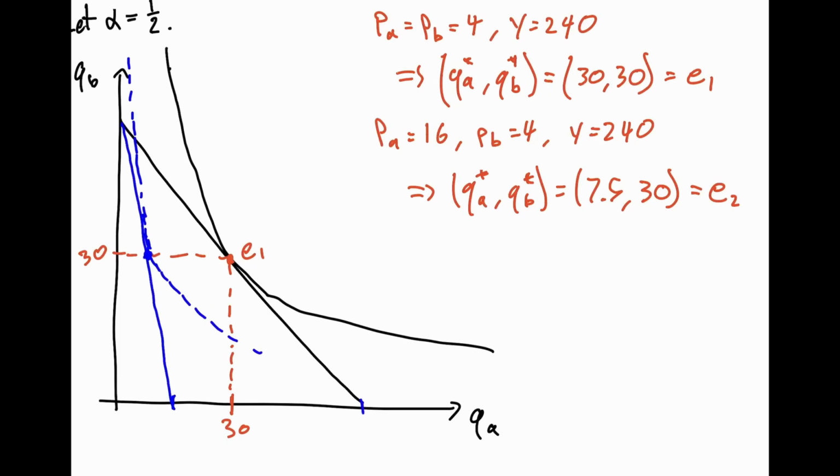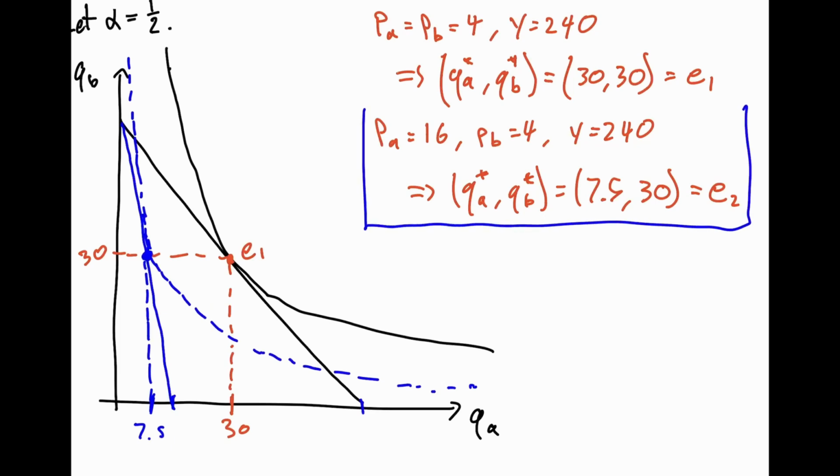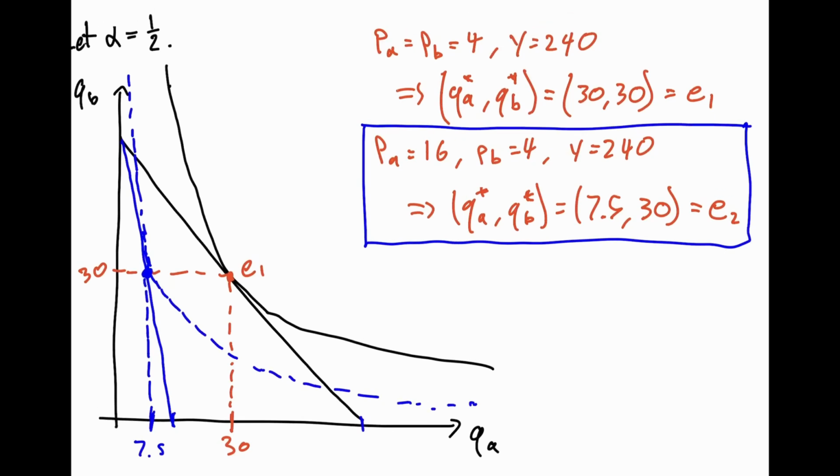And it's running through that point because we already know from the math that the quantity demanded of B is going to be the same. So that's kind of how we know this point. And this will be 7.5. Okay. And I should have done all of this in blue. So let's just box that. Okay.